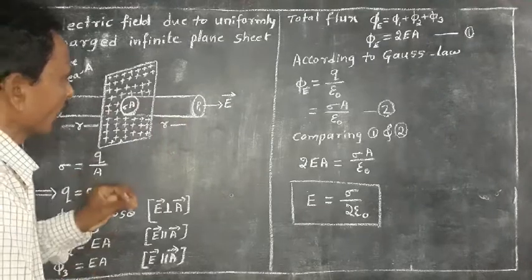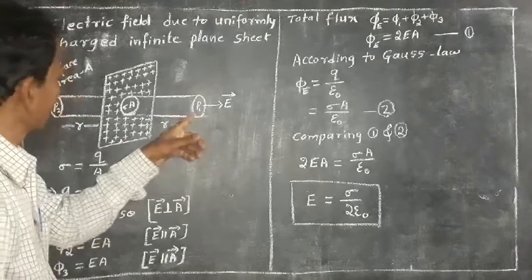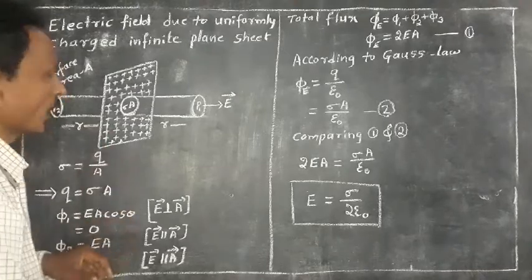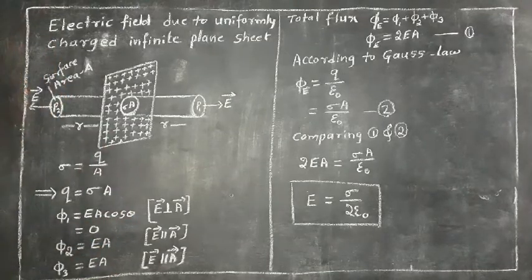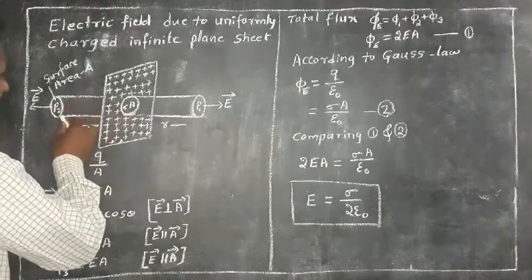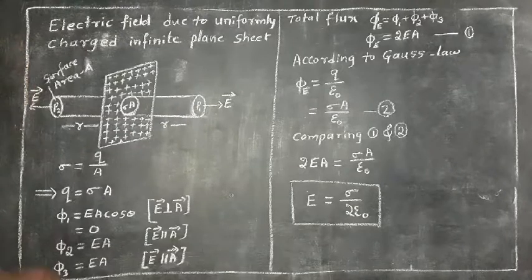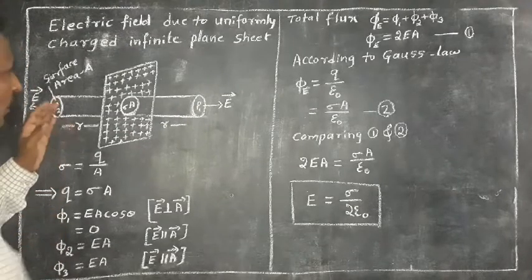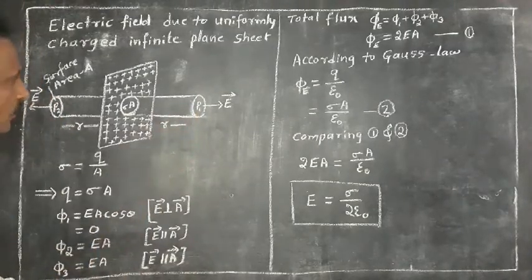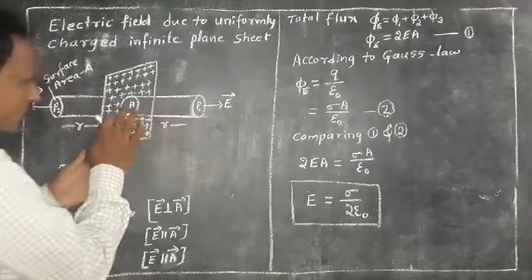Now, to calculate electric field at P1 and P2, imagine a Gaussian cylinder passing through these points. Let A be the surface area of the plane surfaces of the Gaussian cylinder, and this is the curved surface of the cylinder.